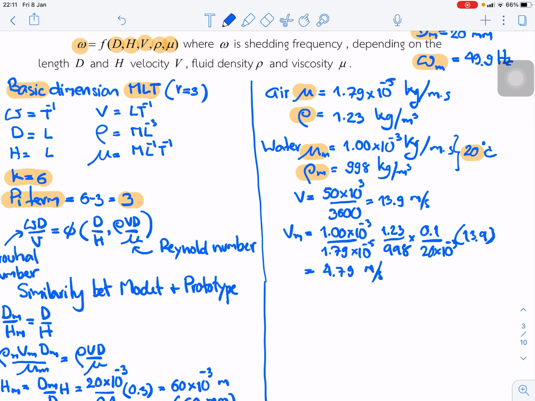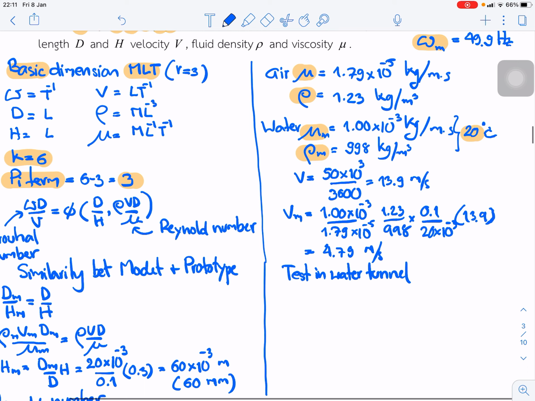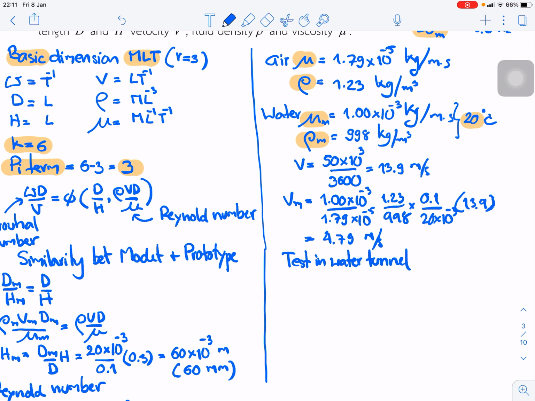If we test in the water tunnel, we apply this dimensionless parameter, the Strouhal number.